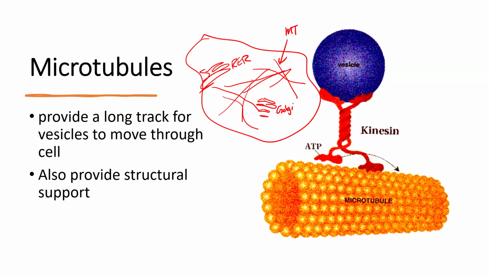The microtubules can also provide structural support. As you saw earlier, different cells have different shapes, and in order to maintain those shapes, you need microtubules to prop them up and provide a scaffold to keep them in a particular shape.